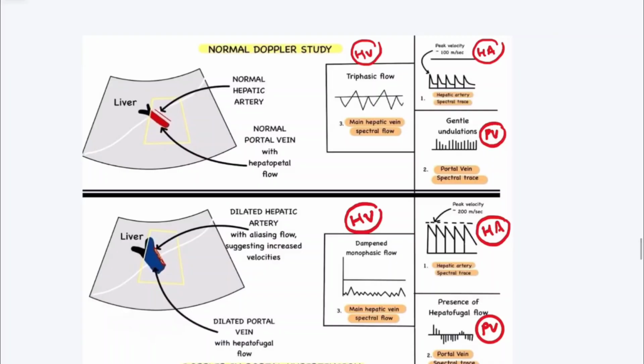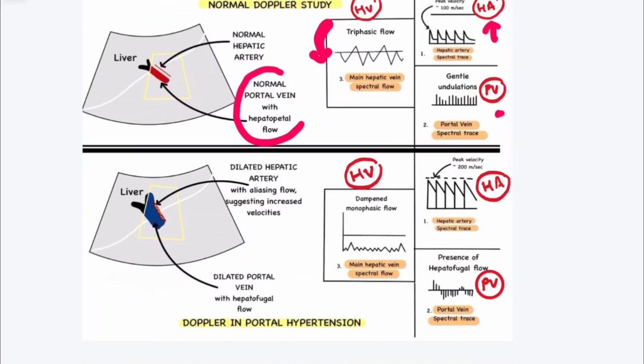So let's see. The normal flow in the portal vein is hepatopetal. The normal flow in the hepatic vein is triphasic. In the hepatic artery, the peak velocity is up to 100, and in the portal vein there are general undulations. But when the portal vein flow is reversed, there is hepatofugal flow and the portal vein becomes dilated.